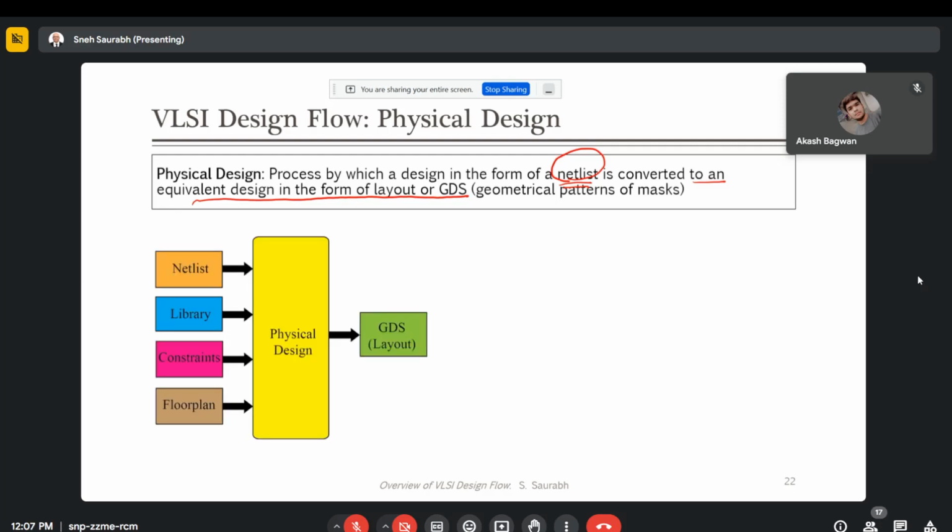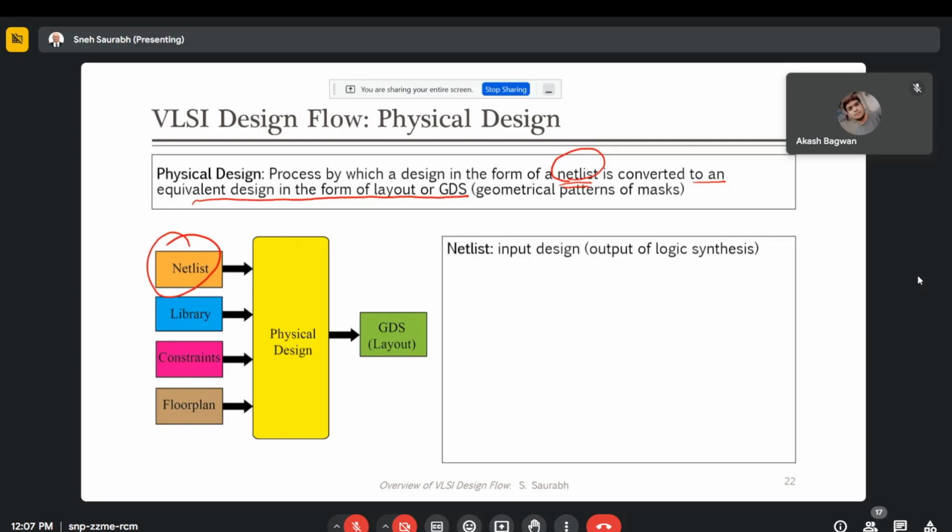So what inputs do we give to the physical design tools? The inputs are the netlist, right? From where did we get the netlist? The netlist was generated by logic synthesis. When we did logic synthesis, at the end we got the netlist. That netlist is given as input to the physical design tool.